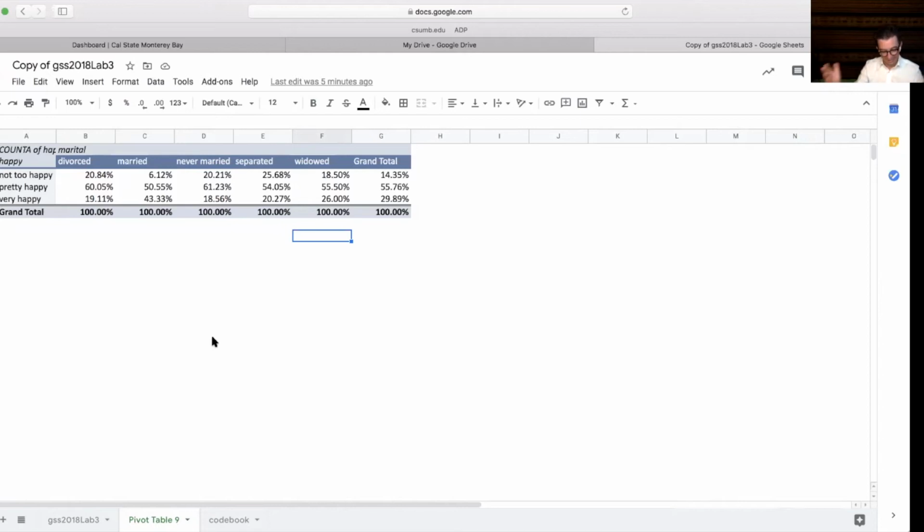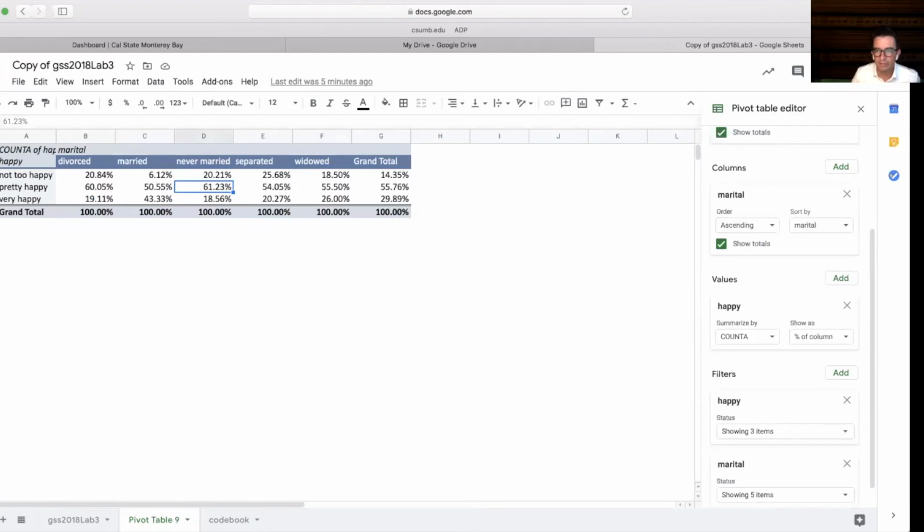In this scenario, we don't know if the marriage caused the happiness. It could be that happy people are more likely to be married, and so the happiness came before the marriage, maybe. We don't know. Anyway, let's look at some other variable though.